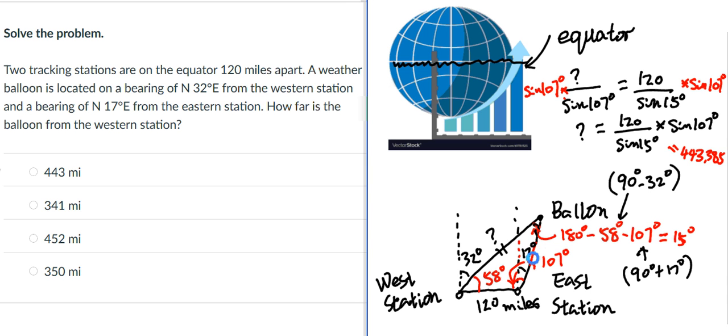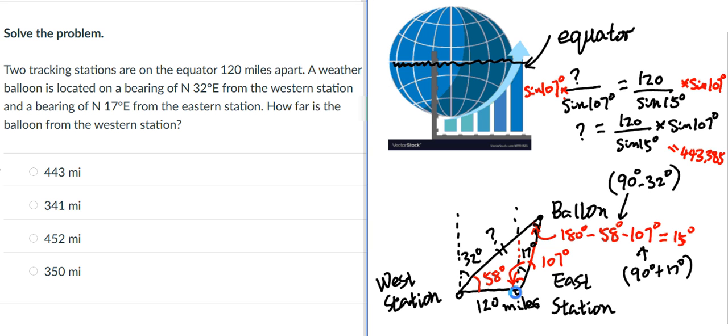Okay. Now, the angle 58 comes from what? 90 degrees minus 32 degrees, because this line is perpendicular to this line, so it's 90 degrees. So it is 90 degrees minus 32 degrees, you get 58 degrees. How about this red angle?